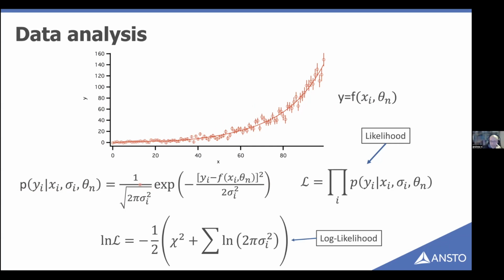You have a prefactor there for some normalization, and then the argument of the exponent looks very similar to a chi-squared value: the data minus the model, all squared, divided by the uncertainty on the data point. So that's the probability of observing a single data point.